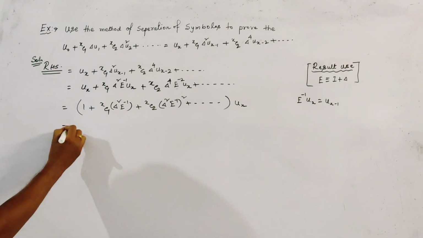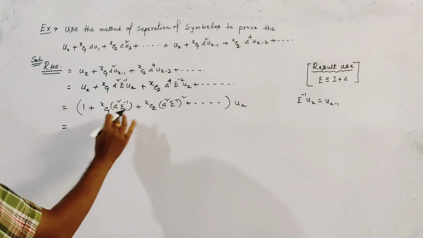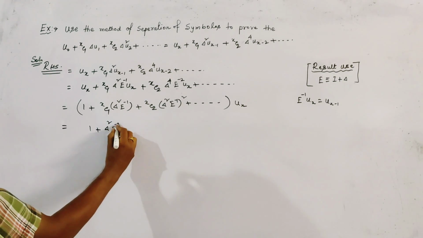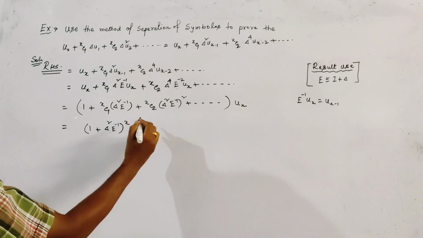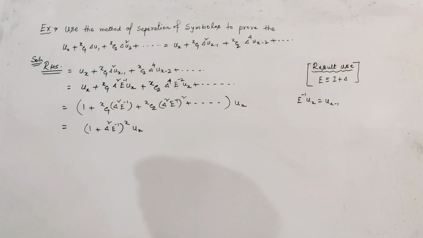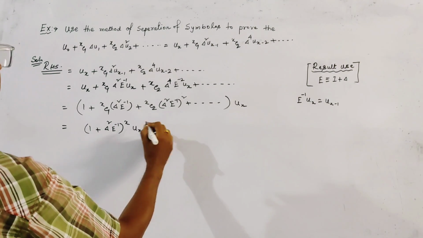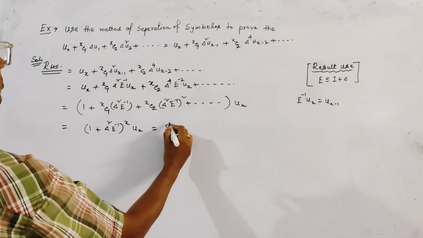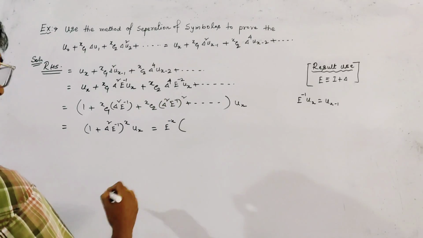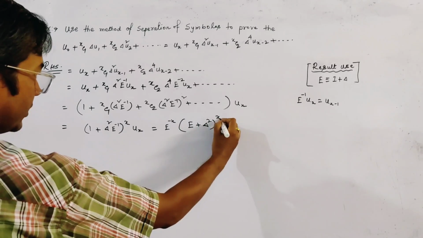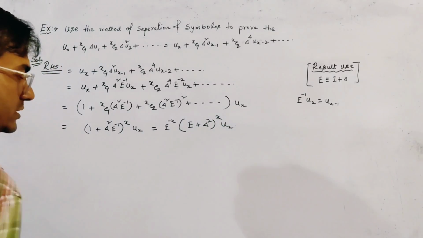Okay, and clearly this is the binomial expansion of (1 + Δ²E^(-1))^x ux. Okay, and this is given by E^(-x) (E + Δ²)^x ux.